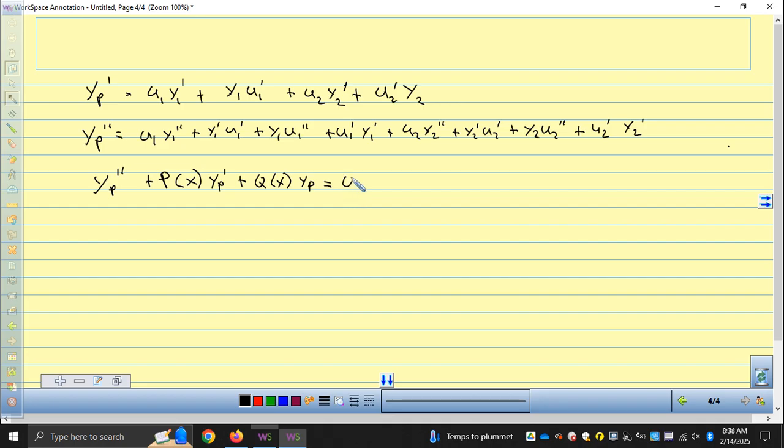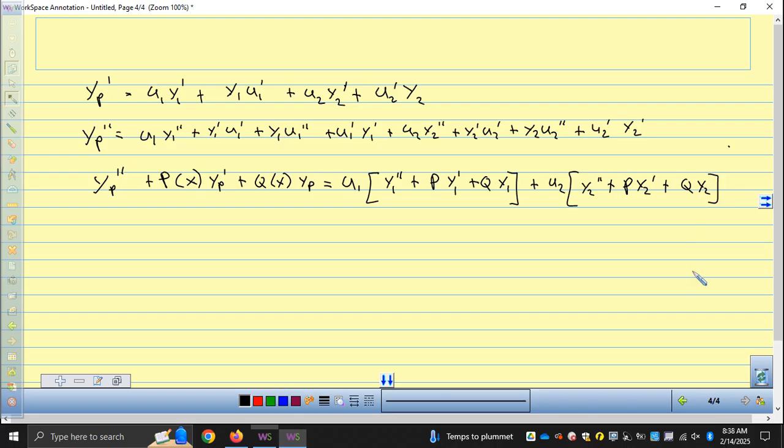So we get u1 times y1 double prime plus p y1 prime plus q y1. Factor the terms that contain u2 out: y2 double prime plus p y2 prime plus q y2.